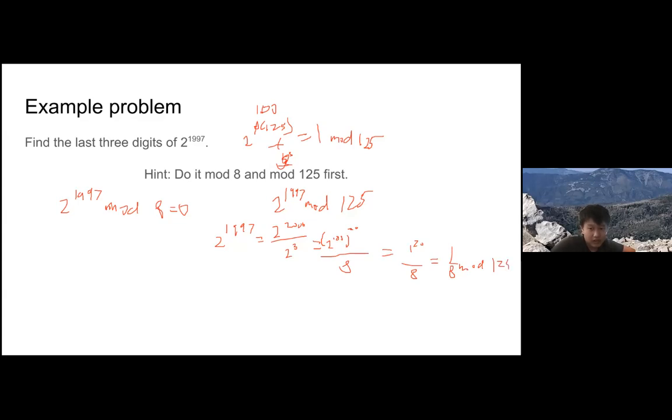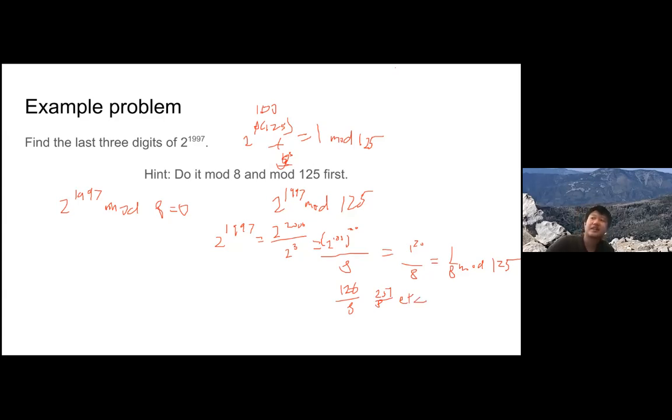Now we want 1/8. If you want 1/8 mod 125, you don't want to guess and check every value. Instead, you can equivalently write 1 over 8 as 126 over 8, or adding another 125 to the numerator, 251 over 8, etc. So you can keep trying them.